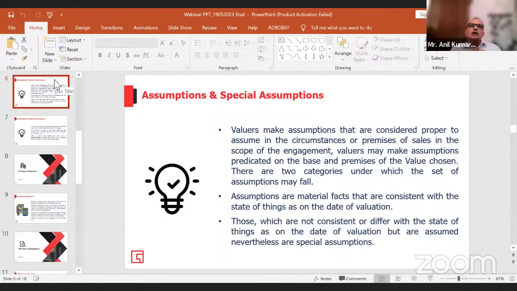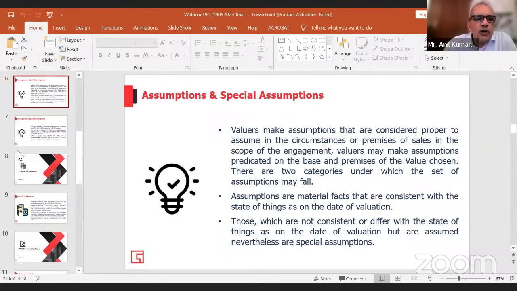Now the valuer needs to record this in the report and in the scope of work, so that any special assumption that is being made is overtly declared in the report, and the user of the report bears that in his evaluation of the report and understands that this is the underlying special assumption that is being used.